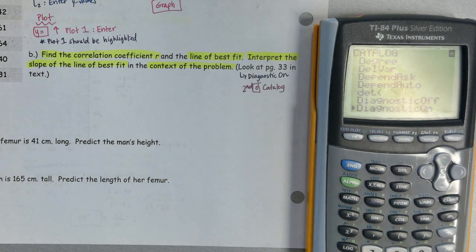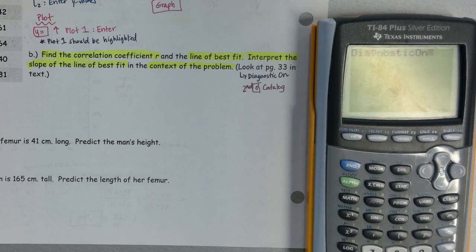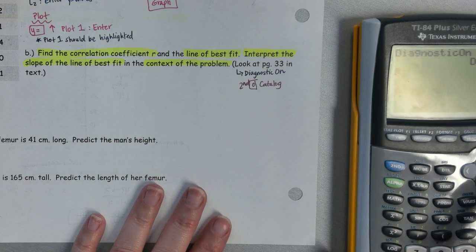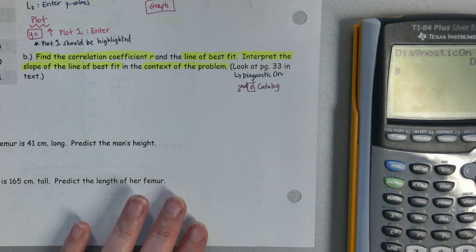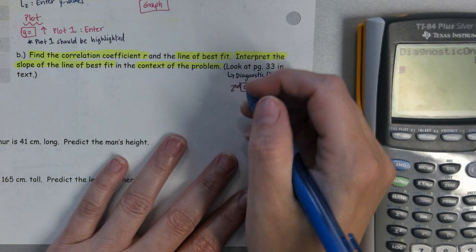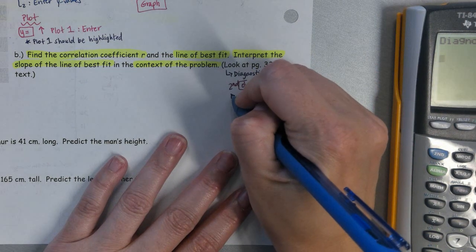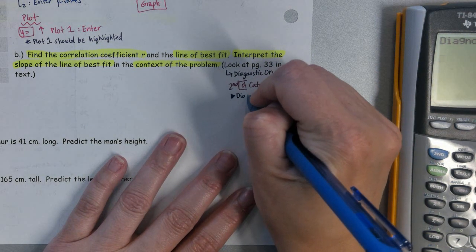And then I'm going to select Diagnostic On. And I do that by pressing Enter. It takes me to the home screen. So I press Enter again, and then it's going to say Done. Okay, so what you're doing is you go to Diagnostic On.